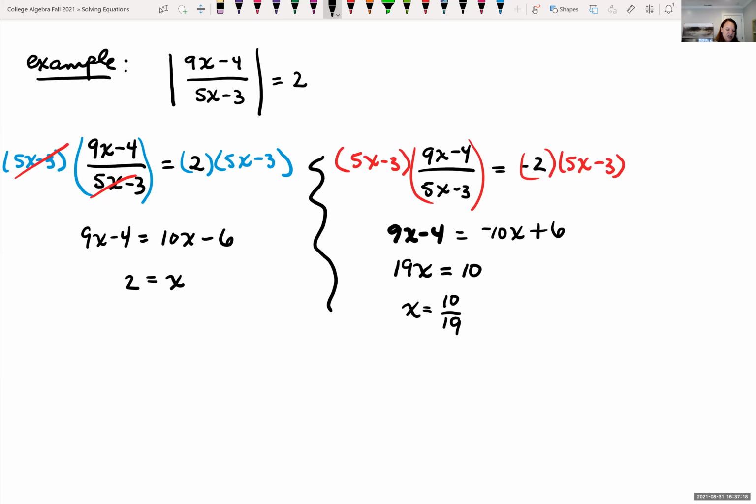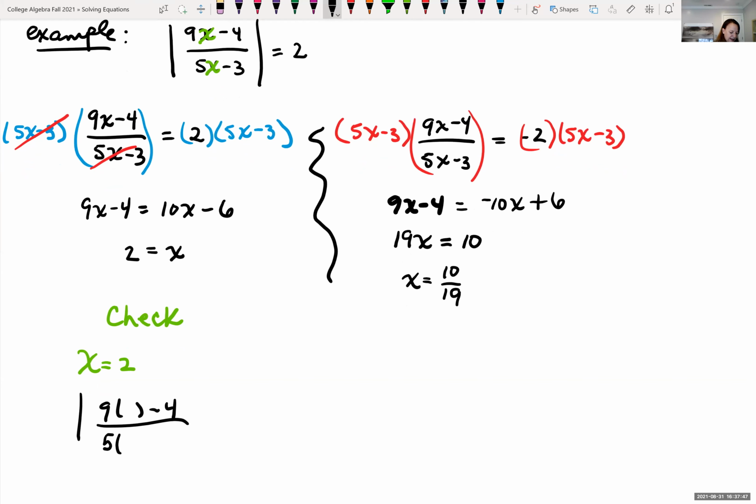So we want to check. So when x is equal to 2, we're going into our original equation and plugging into wherever we see an x, and we're going to see if that is a true statement. So we have 9, I see an x, so parentheses, minus 4 all over 5, I see an x, so put parentheses, minus 3.